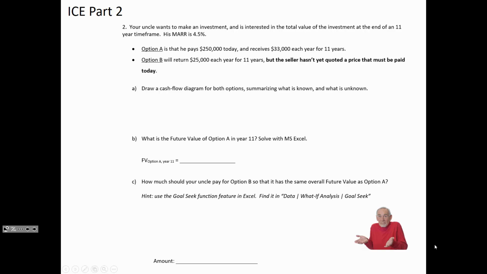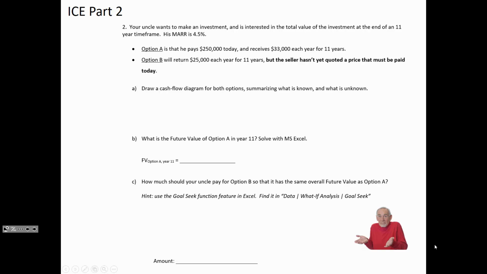So we're trying to find some future amount. So when you draw the cash flow diagram, put on the present that is known, the annual that is known, and then clearly identify what you're trying to find on the cash flow diagram itself.